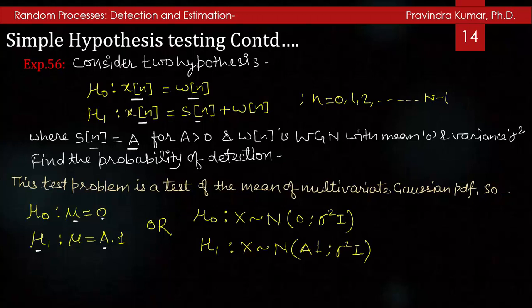Or you can say that in h naught the observed data x is Gaussian with mean 0 and variance sigma square I, and in hypothesis h1 it will be a normal random variable with mean A into 1 and variance sigma square into I.